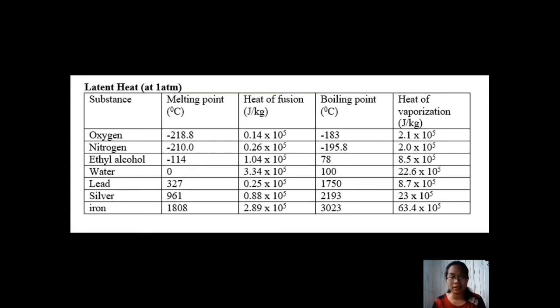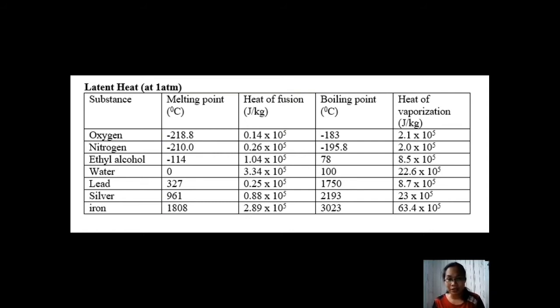That's why the unit here is joule per kilogram. So again, it's the amount of heat needed by a unit mass of a substance to change its phase. This table is the latent heat at 1 atmospheric pressure.